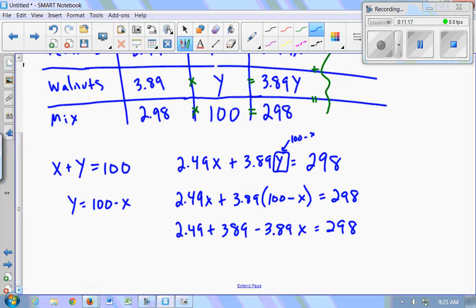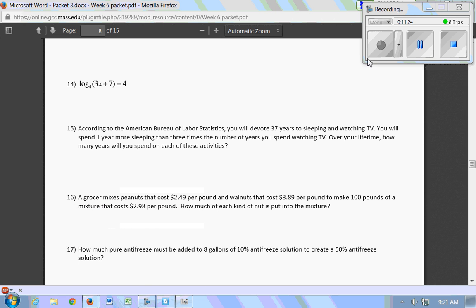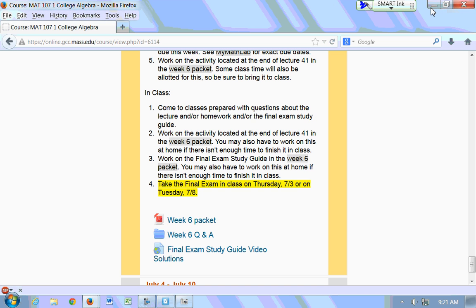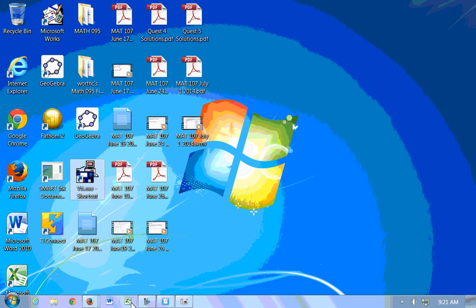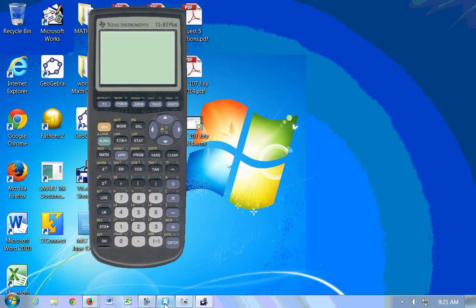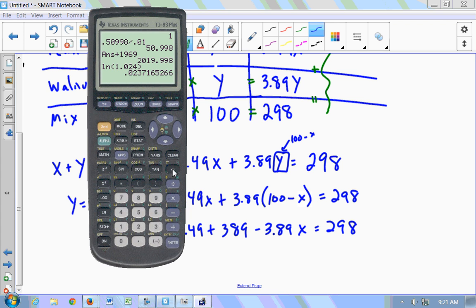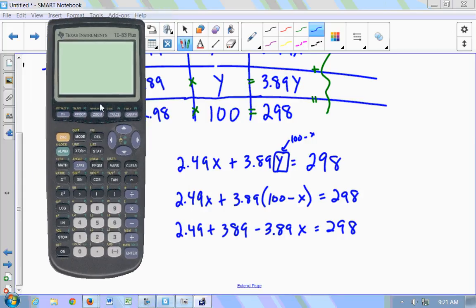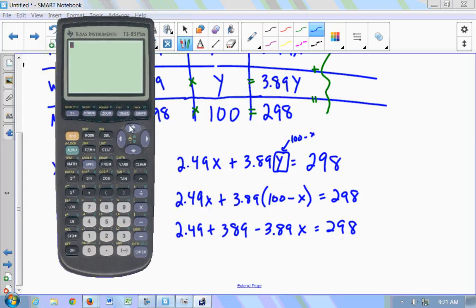All right, so let's see, I need a calculator. Oh, I missed an X, there we go. All right, so 249 minus 389 is negative 1.4x.